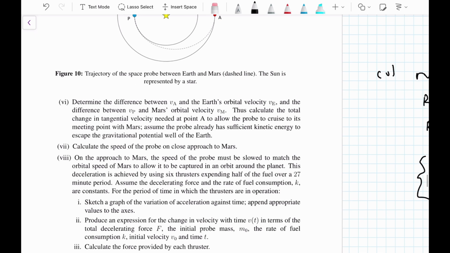Wait a sec. It says Mars's orbital velocity VM. To calculate the total change in tangential velocity needed at point A to allow the probe to cruise to its meeting point with Mars, assuming the probe has sufficient kinetic energy to escape the gravitational potential.